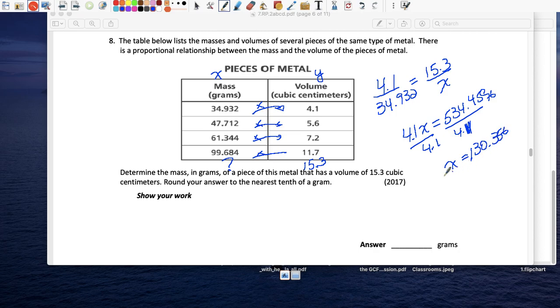Round your answer to the nearest tenth. So x equals 130.4. If you didn't put 130.4 and you left it at this, guys, you would have lost the point. So make sure you read the instructions here.